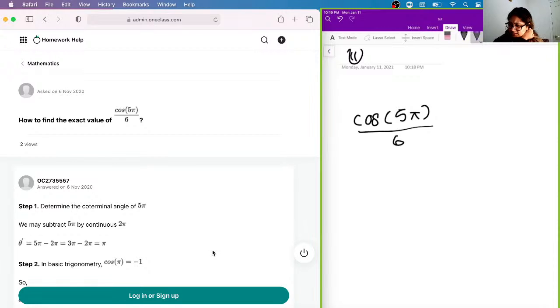To do this, we just subtract 2 pi from 5 pi until we get pi. So we subtract our 5 pi by 2 pi.